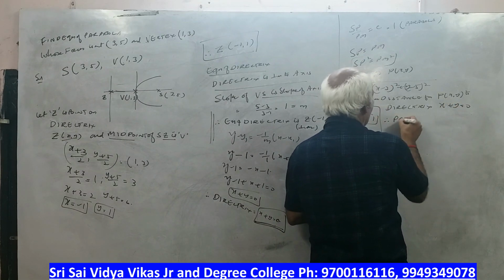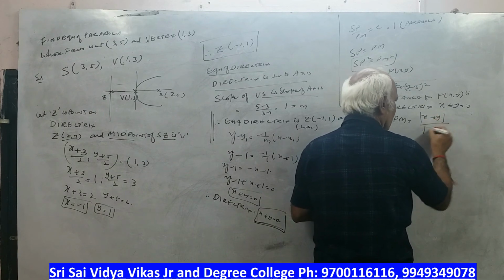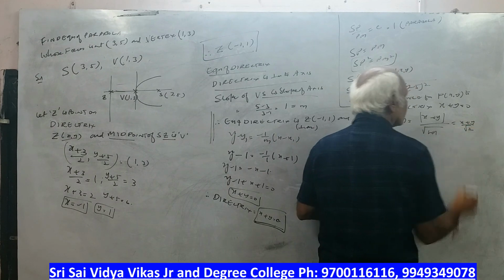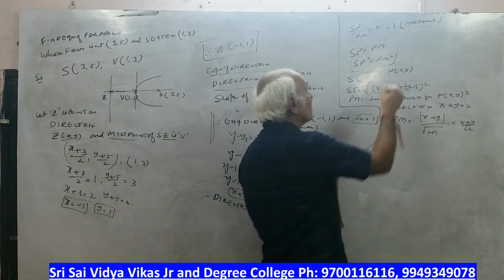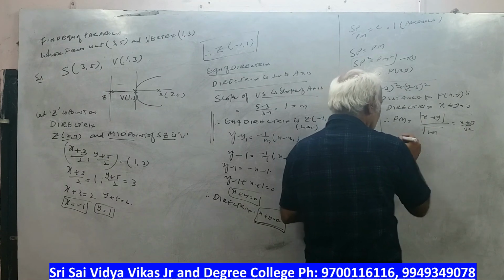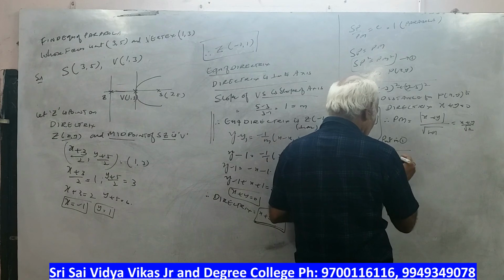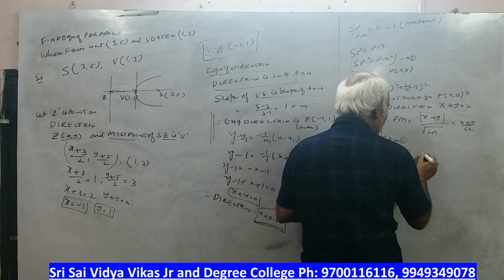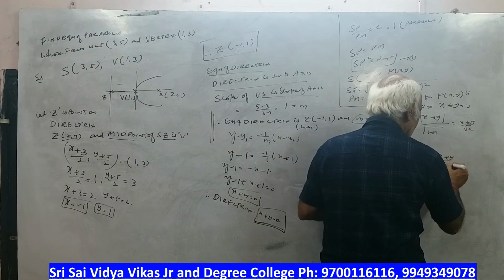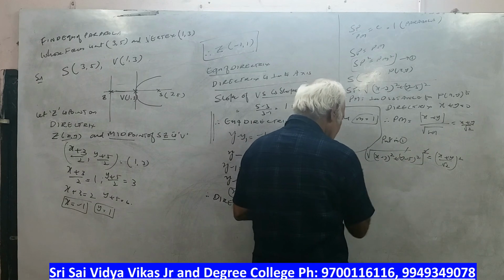Therefore, PM is equal to modulus of (x plus y) by root of (1 plus 1), that is root 2. Therefore the root of (x minus 3) whole square plus (y minus 5) whole square is equal to the whole square. Therefore, the square roots will get cancelled.